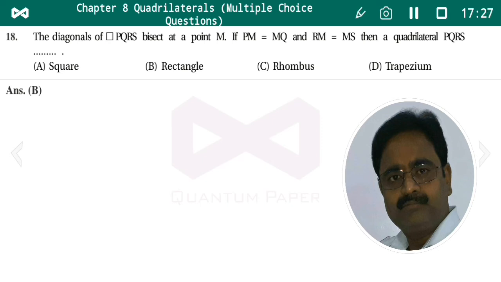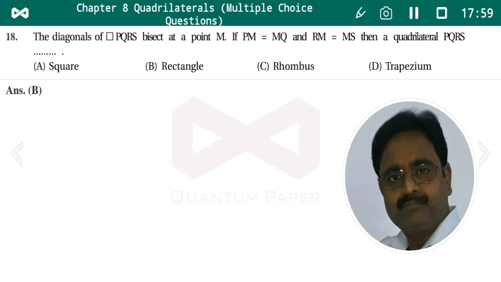In rectangles also, squares also, parallelograms also, rhombus also, right? Then the question is asking, this information is given, if PM is equal to MQ and RM is equal to MS, तो quadrilateral PQRS becomes, अब ये क्या हो जाता है भाई?